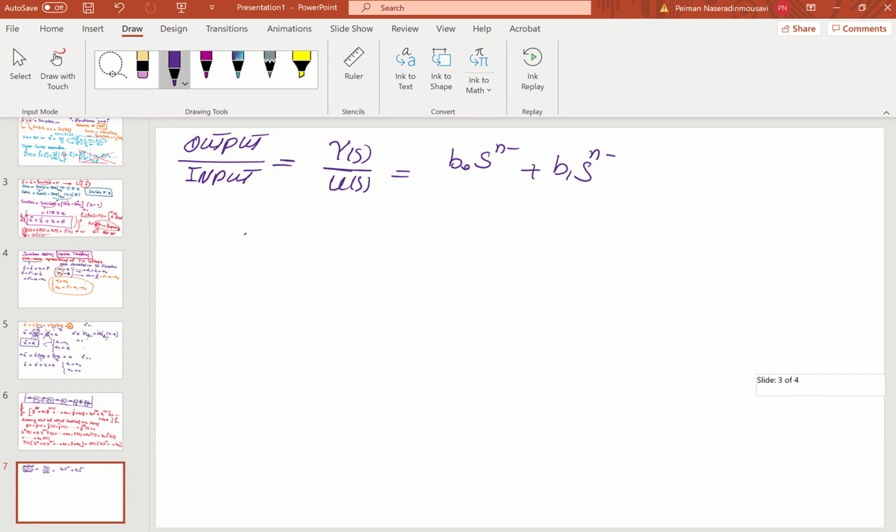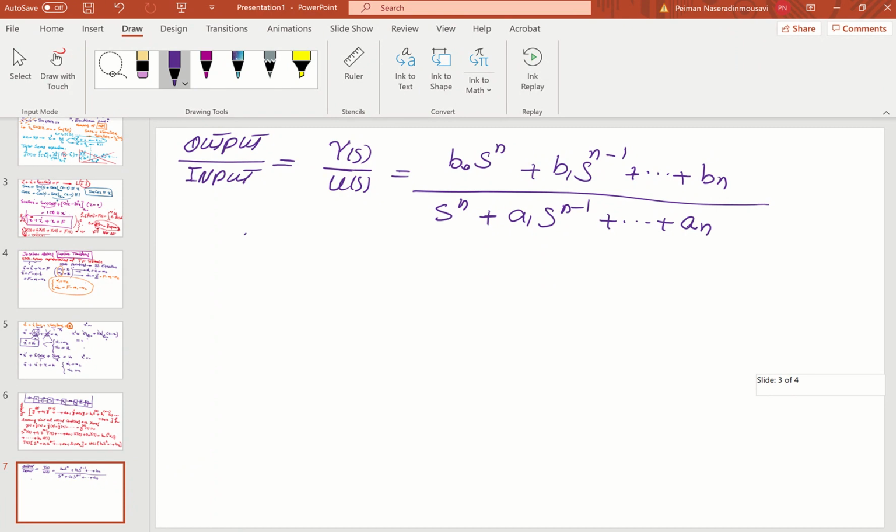This is the transfer function, and we got it because we are working on the LTI system.